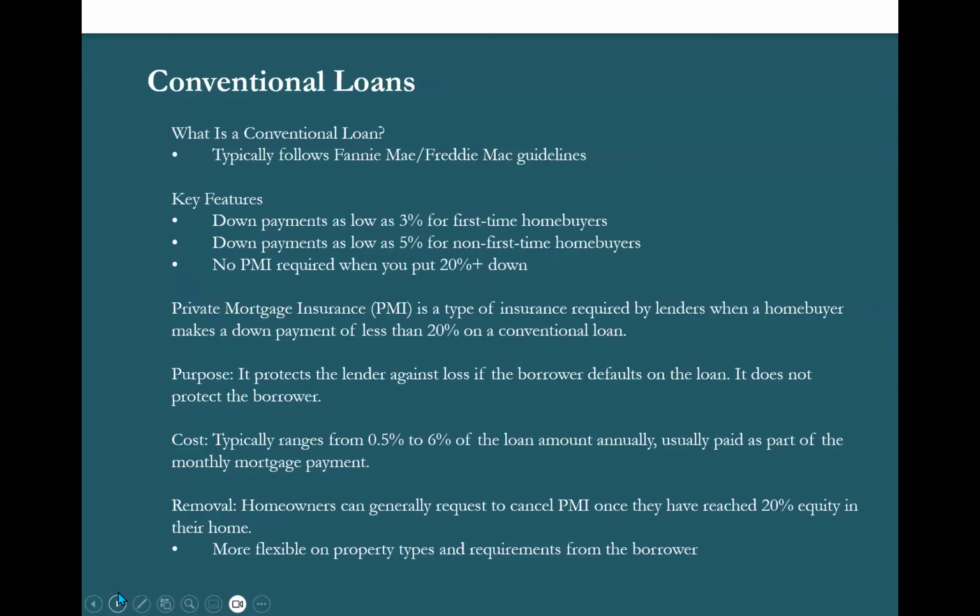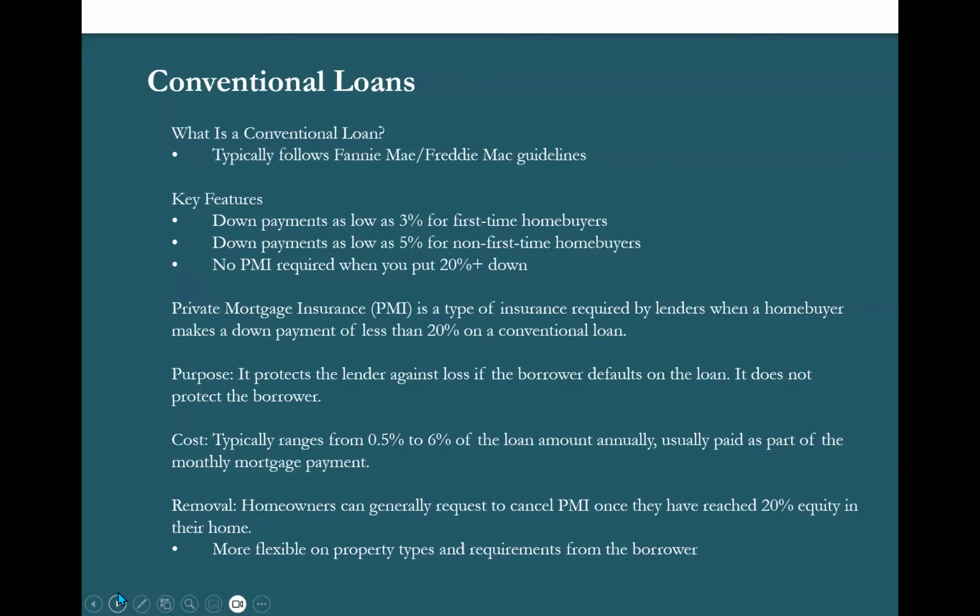What is PMI? PMI is private mortgage insurance. It's a type of insurance required by lenders when a home buyer makes a down payment of less than 20% on a conventional loan. The purpose of PMI is to protect the lender against a loss if the borrower defaults on the loan. It does not protect the borrower. That's what your homeowner's insurance is for. The cost typically ranges from 0.5% to 0.6% of the loan amount annually.